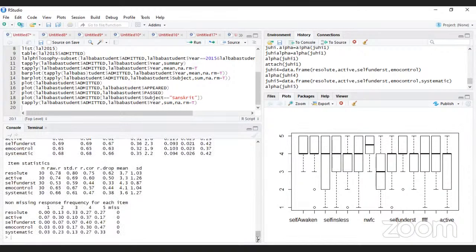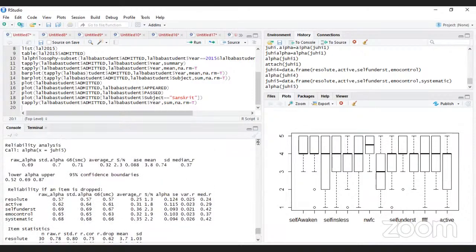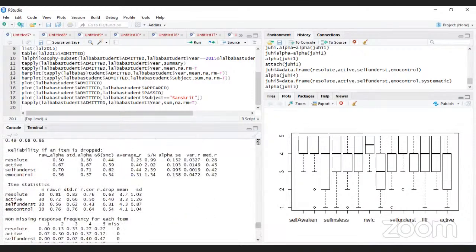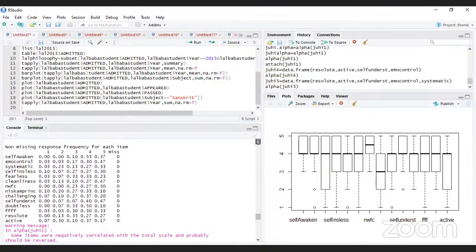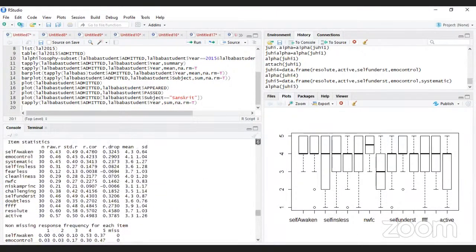So if we want to change the criteria, so what is the criteria? So 0.43 also there and 0.44 is there.